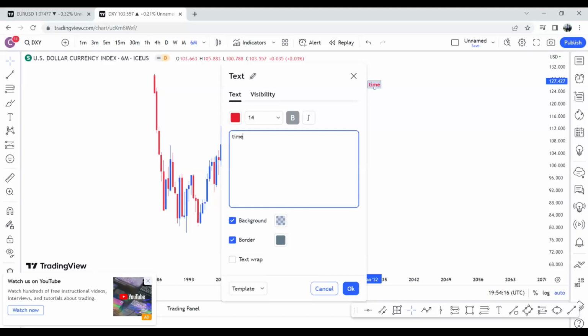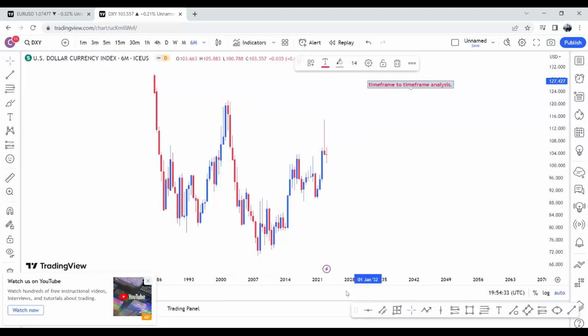Are we there? Yes, sir. You can call it top-down analysis or time frame to time frame analysis. Now, how does somebody analyze the markets? Last week we learned about support and resistance. Now let's go into the real deal, time frame to time frame analysis.